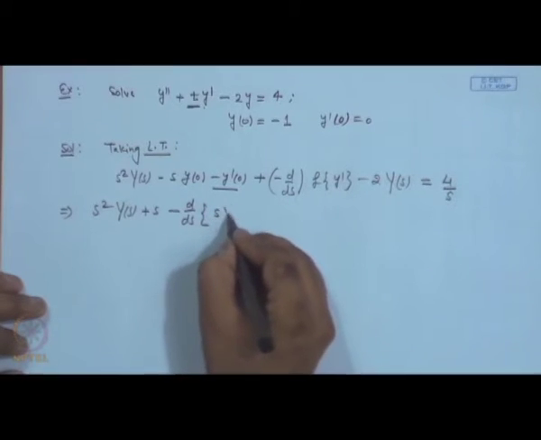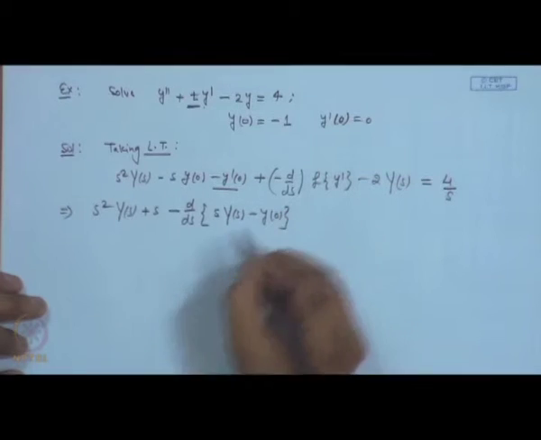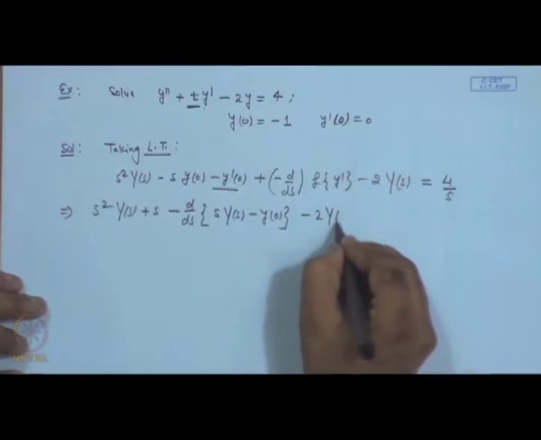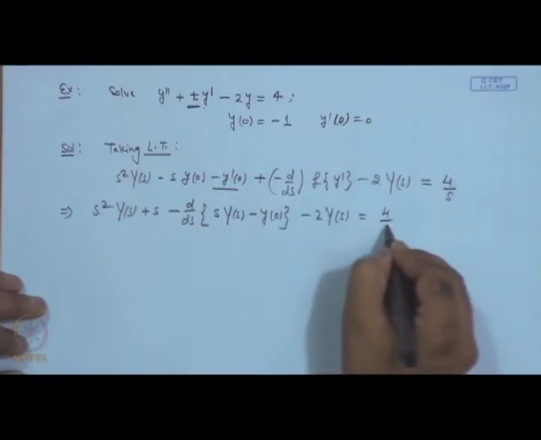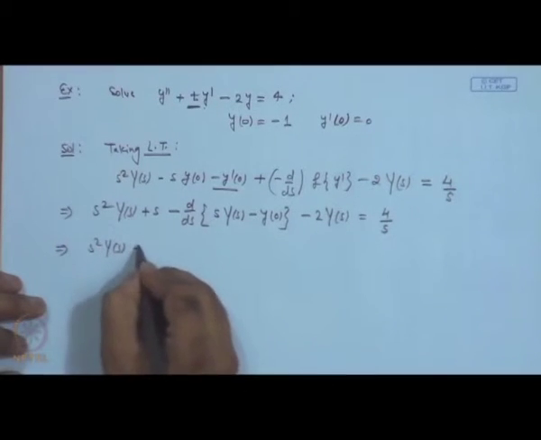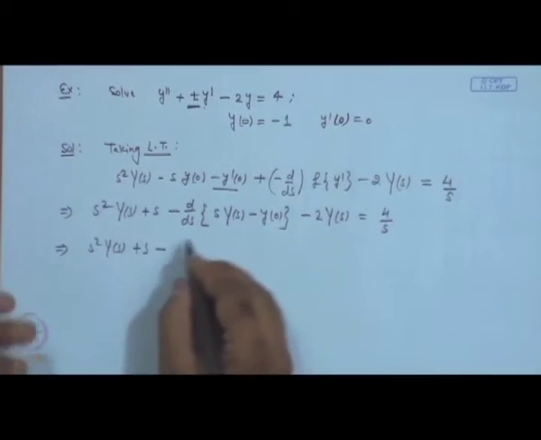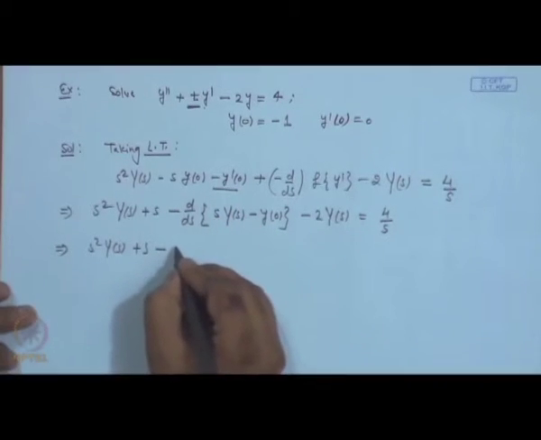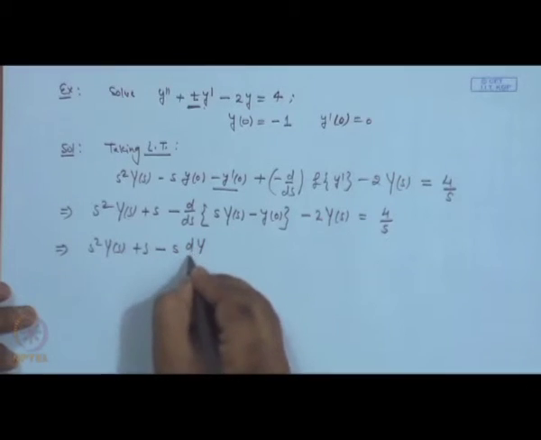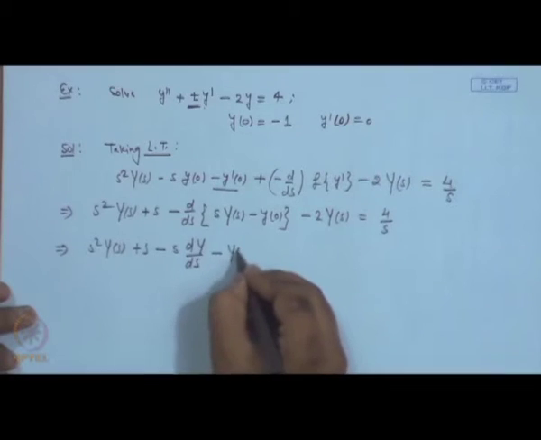That is s Y(s) minus y(0) by the derivative theorem, minus 2 Y(s) equals 4 over s. So, s square Y(s) plus s minus, we differentiate here, it is a product. So, d over ds we will get s dY over ds and we will get minus Y(s).